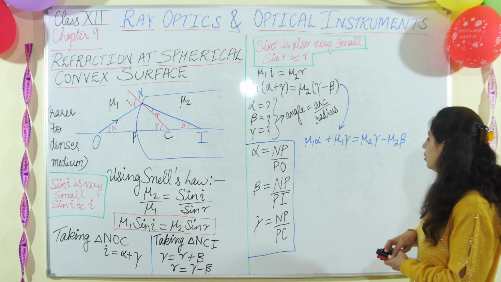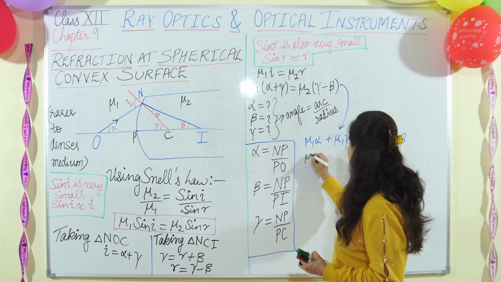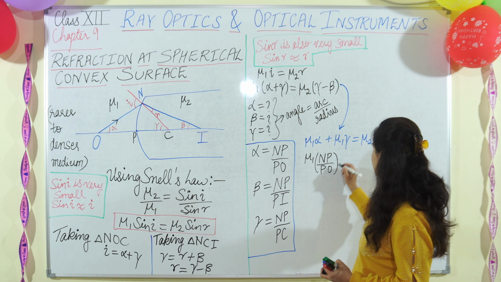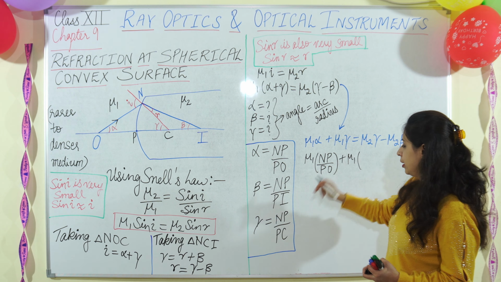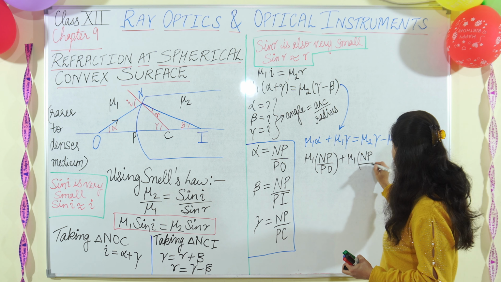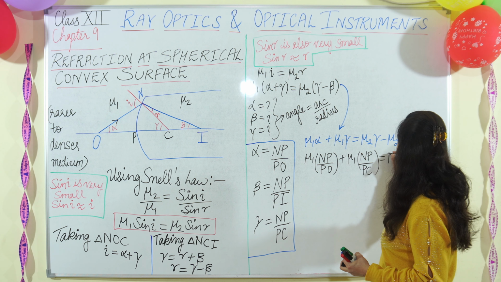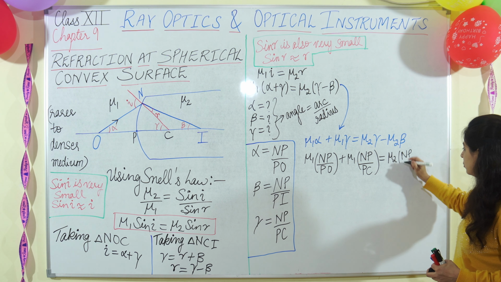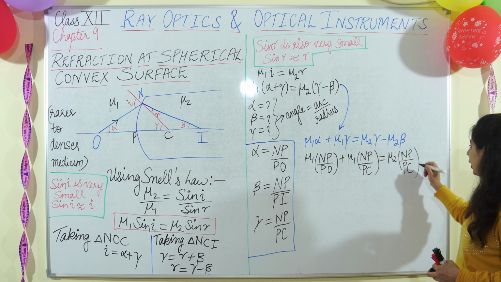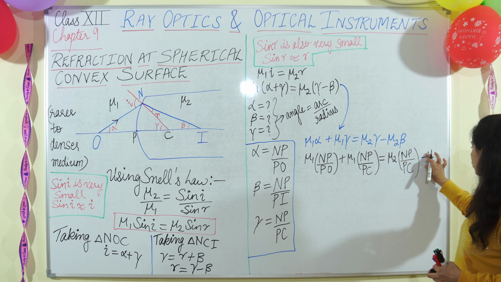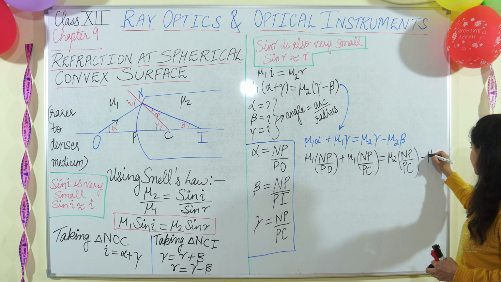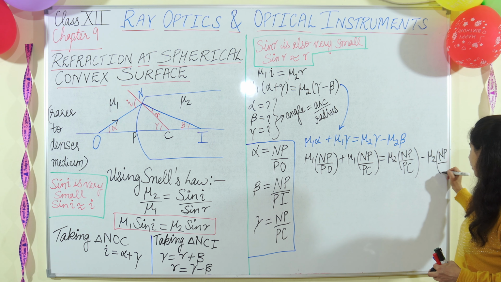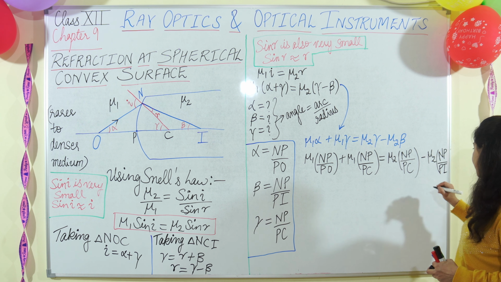In the place of alpha, I'll be putting NP upon PO, plus mu1, in the place of gamma, NP upon PC, is equal to mu2, gamma is again NP upon PC, and minus mu2, beta is NP upon PI.